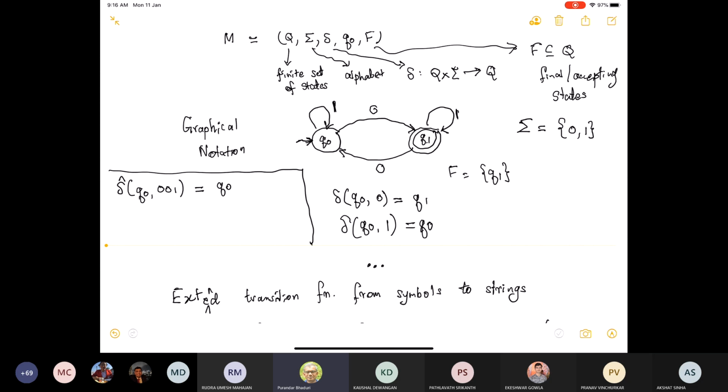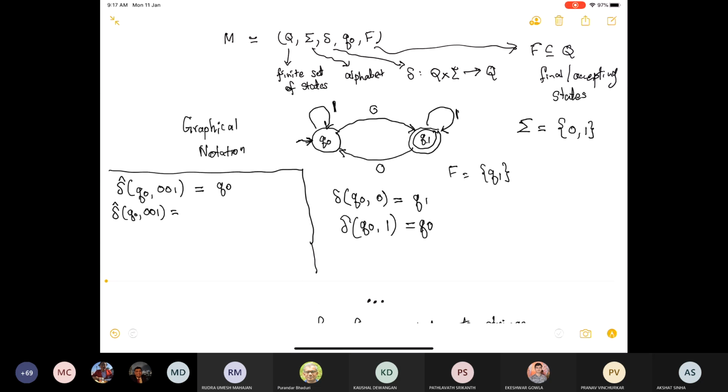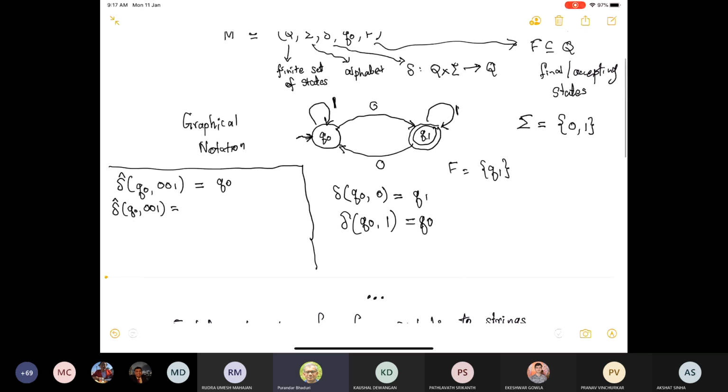If you just go through the definition, delta hat Q naught 0, 0, 1, if you unwind the definition, what you get is delta of delta hat Q naught 0, 0, right?